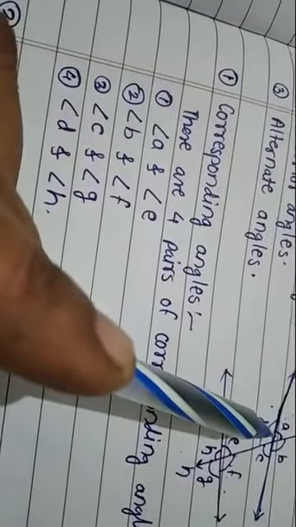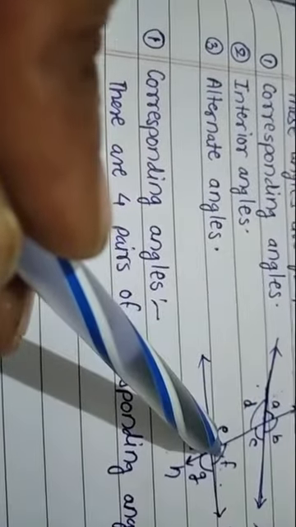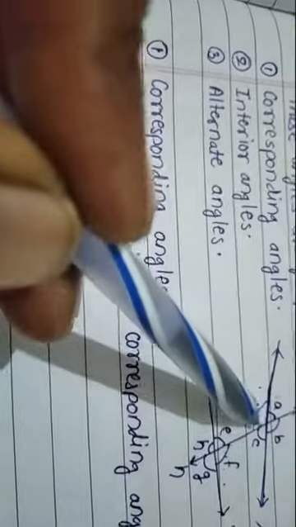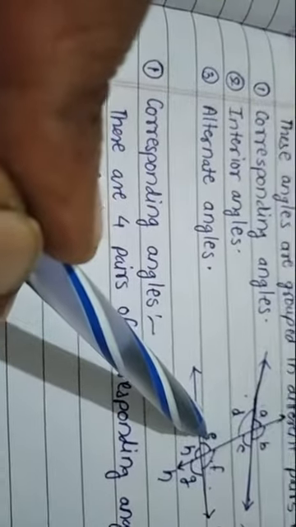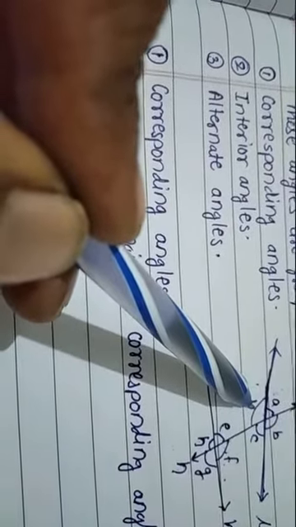We are going to pay attention only to alternate interior angles. The alternate interior angles are angle C and angle E, this is one pair. Angle F and angle D, this is another pair. So there are only two pairs of alternate interior angles, angle C and angle E, angle D and angle F.